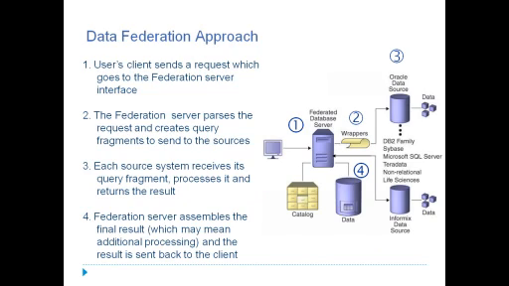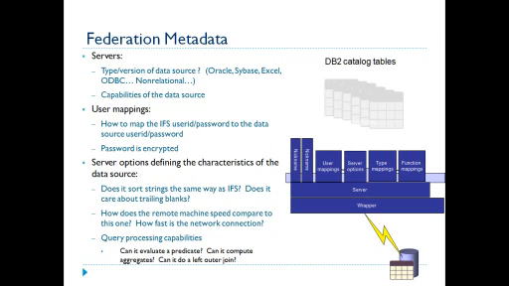I may be using distributed computing environment token passing on another. It could just be the Wild West out there in terms of user IDs and passwords. So in the metadata, in the Federation server, I can do the user mapping so that when Janie logs on, she has a valid user ID and password for each of those systems. All of the security is enforced at those systems the way that they ordinarily would be.